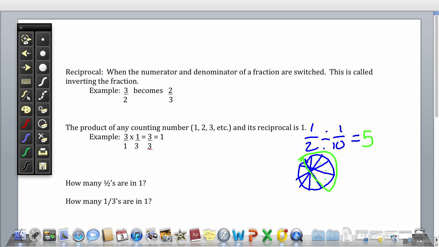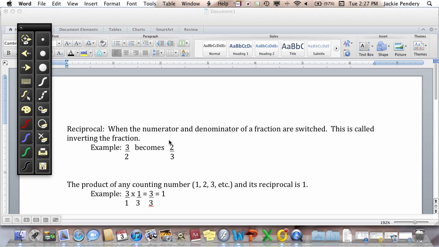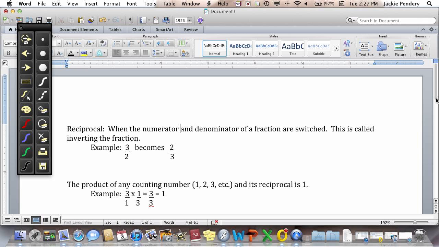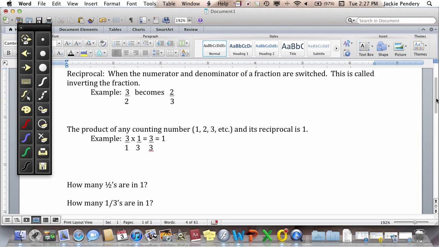So I would like you to copy down these notes that are on this page. The first is reciprocal. A reciprocal is when the numerator and denominator of a fraction are switched. It's called inverting the fraction.